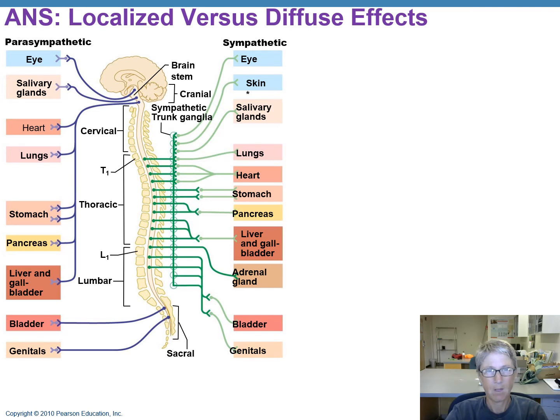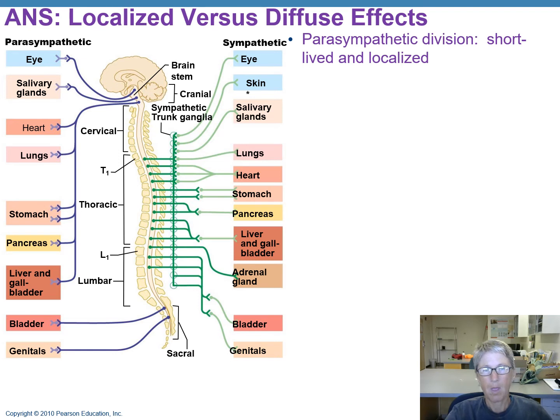Okay. Localized versus diffuse effects of the autonomic nervous system. When you turn on the parasympathetic nervous system, the effects are short-lived and localized, because the parasympathetic nervous system releases its neurotransmitter only onto the target organ and not in the bloodstream like the sympathetic nervous system does.